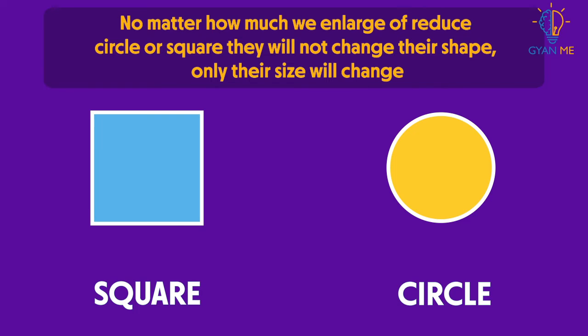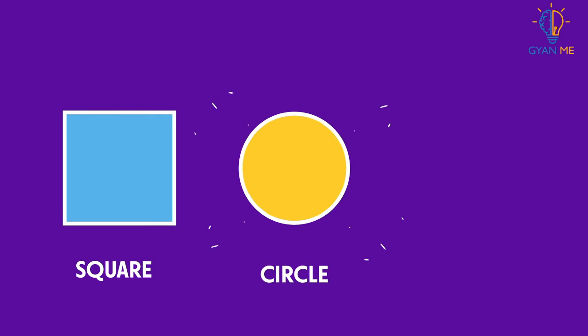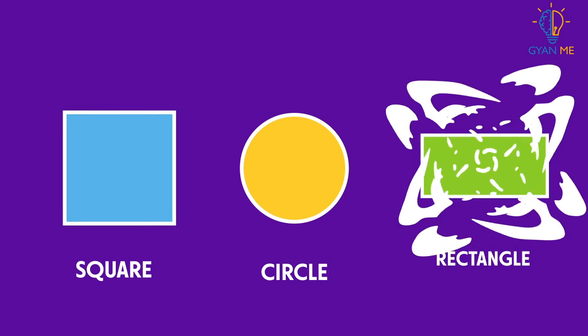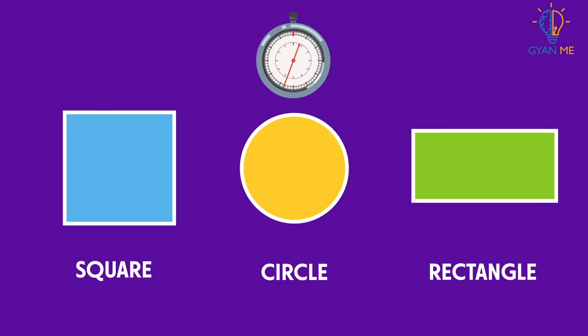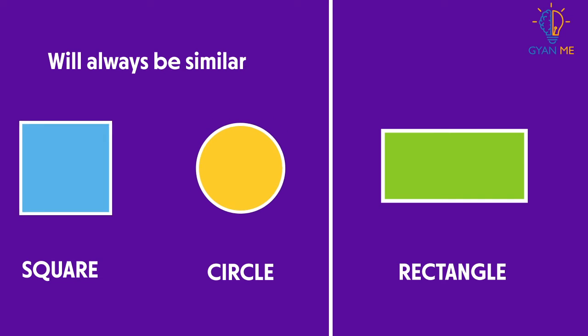So now the question arises: will all squares, all circles, or all rectangles always be similar? Students, to answer this, we can say that all squares and all circles will always be similar, as their shapes will never change, even though their sizes may change.